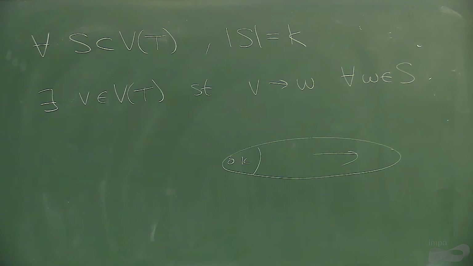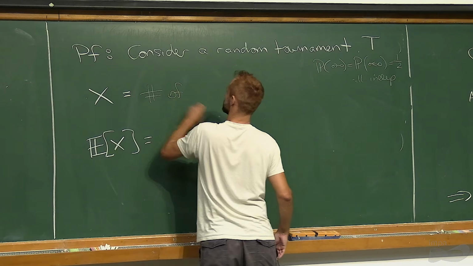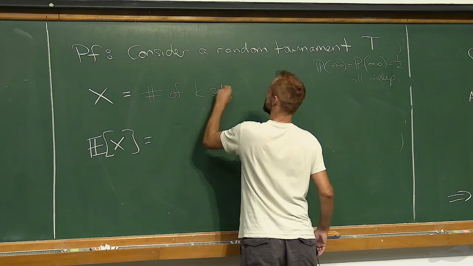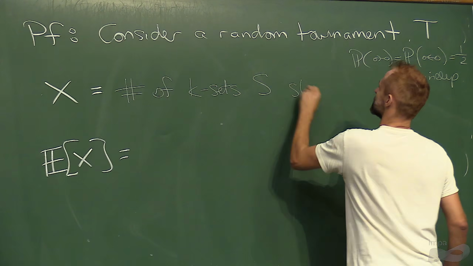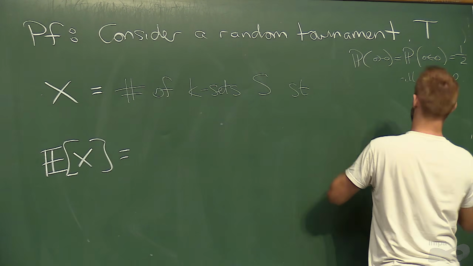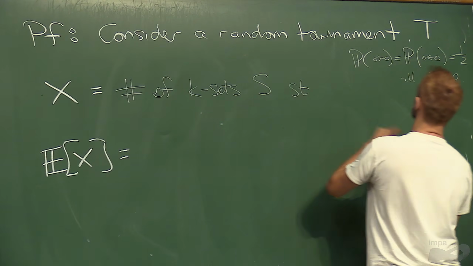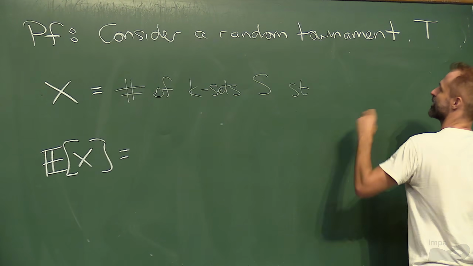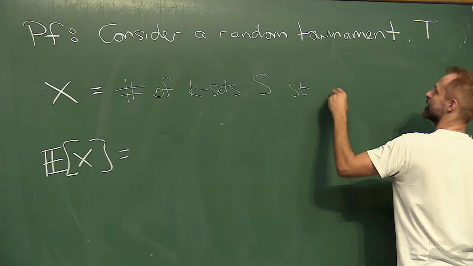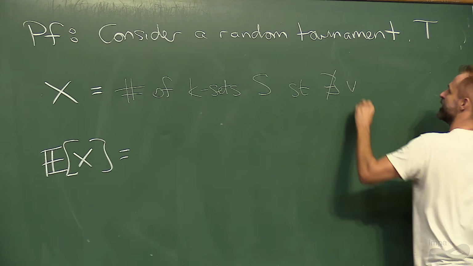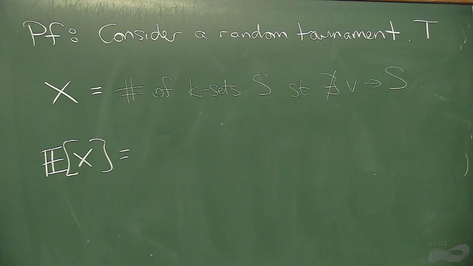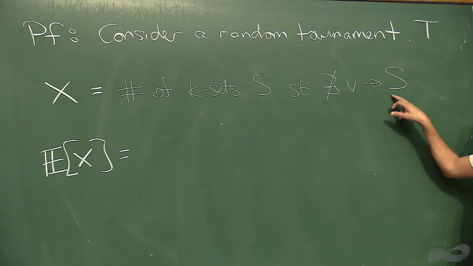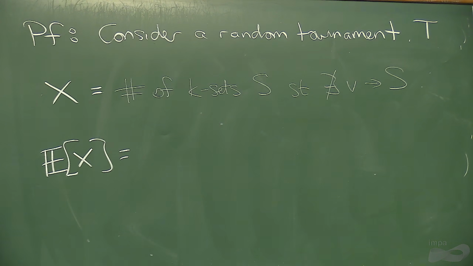X is the number of K sets S such that there does not exist V that arrows the whole of S. I hope you're okay with this shorthand. There doesn't exist a vertex V that beats everyone in S.